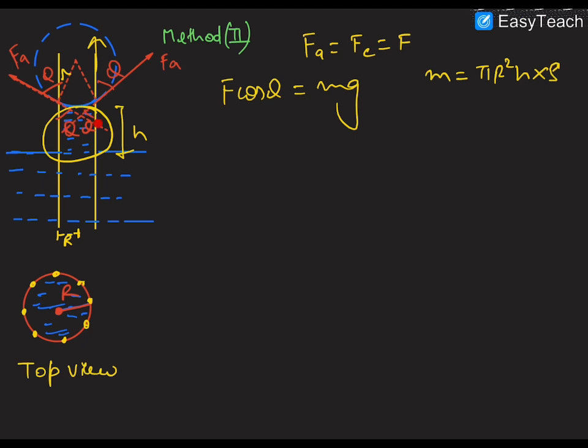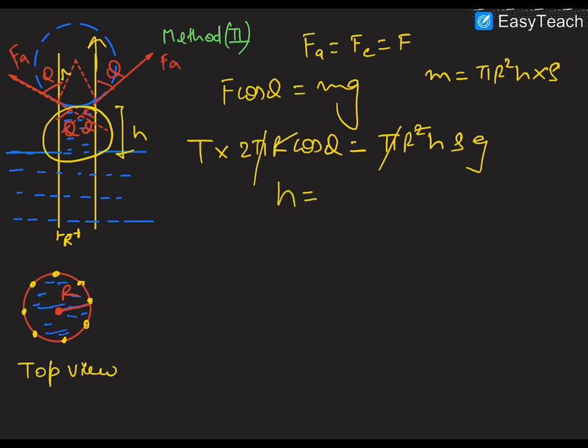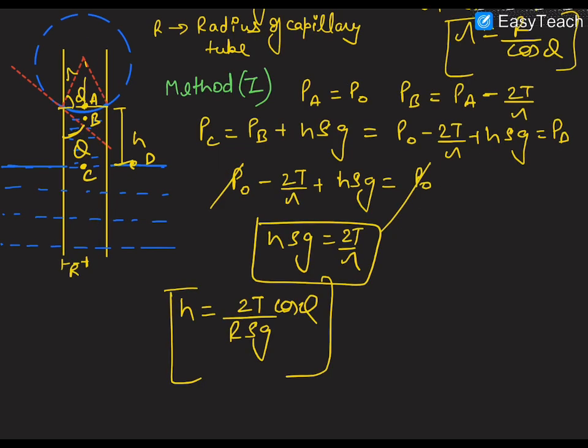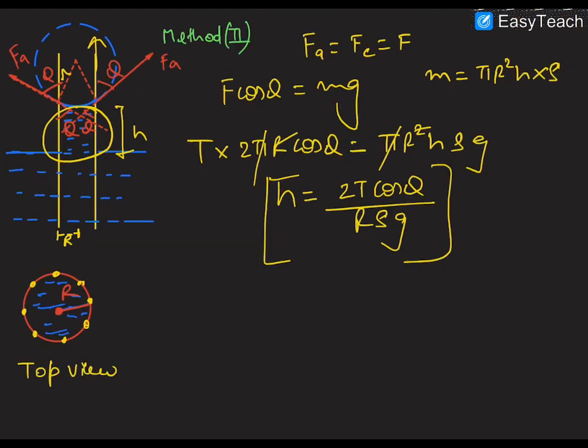F is the total surface tension force, which is the surface tension T into the length of the circumference, 2 pi r, and this is cos theta, and m is pi r square h rho, and this is g. Cancelling pi with pi, r with r, h will be 2T cos theta by r rho g. This is the value of the capillary rise, and we have already derived this.